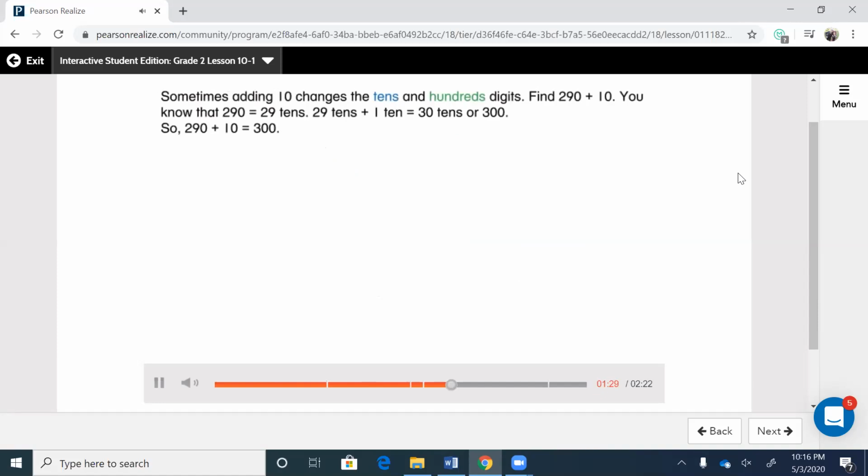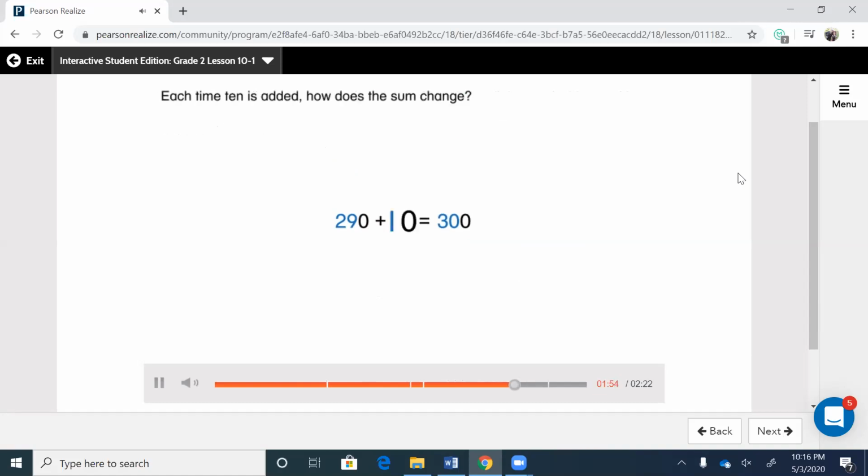Sometimes adding 10 changes the tens and hundreds digits. Find 290 plus 10. You know that 290 is equal to 29 tens. 29 tens plus 1 ten equals 30 tens or 300. So 290 plus 10 equals 300. Each time 10 is added, how does the sum change?